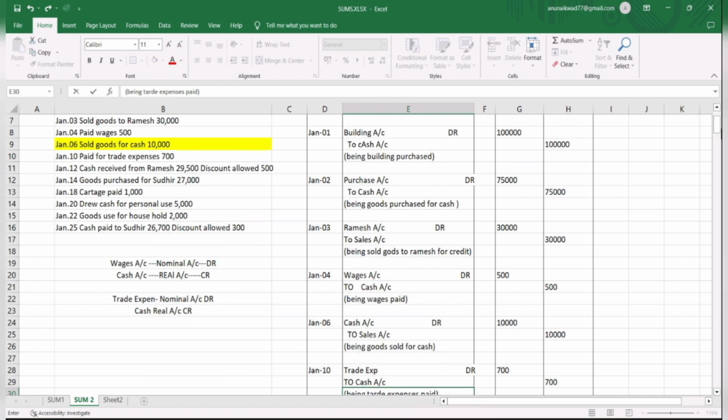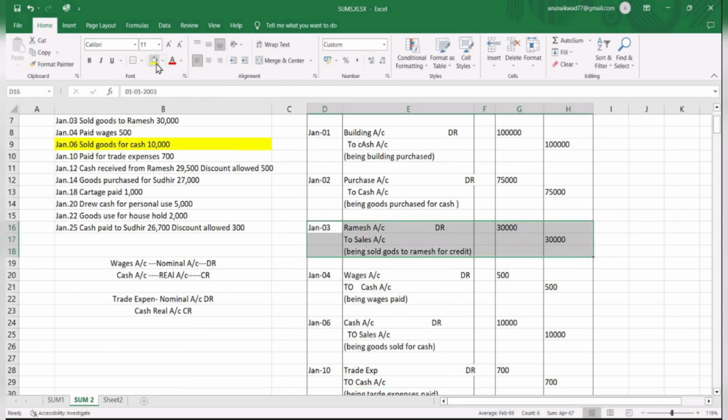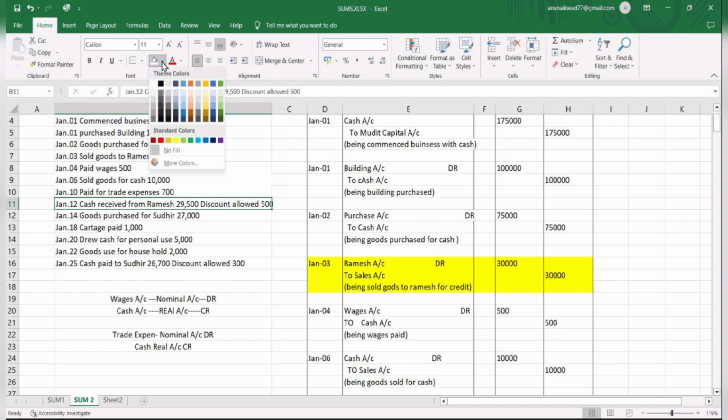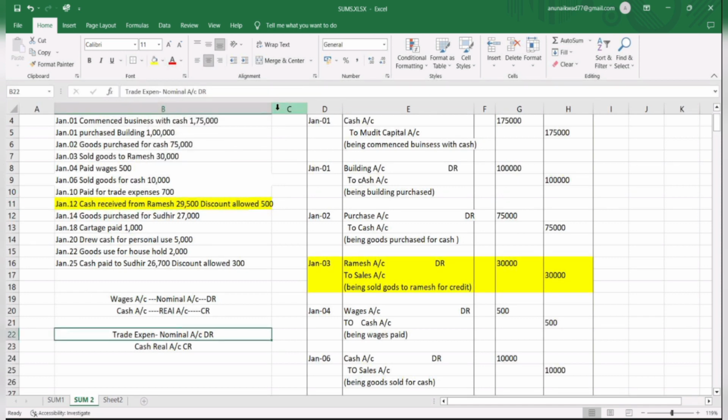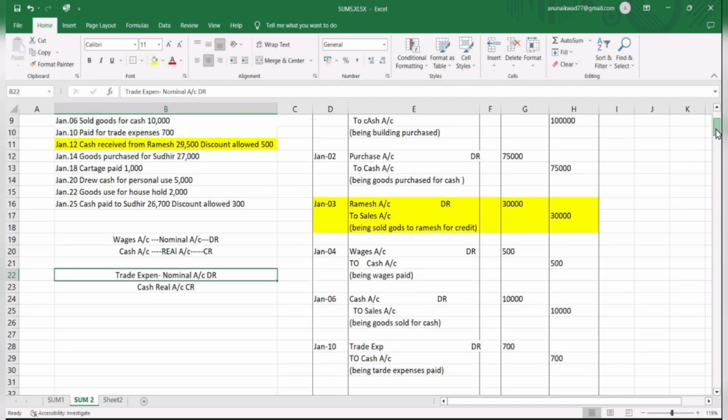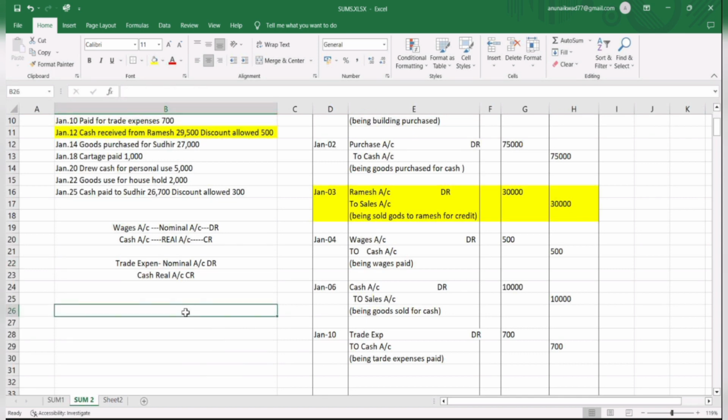We had sold goods to Ramesh of rupees 30,000, but now Ramesh is paying us the cash, but he is paying us only 29,500 and we are allowing him discount of rupees 500. How to record this transaction, what all accounts come into consideration? Let us take that first.